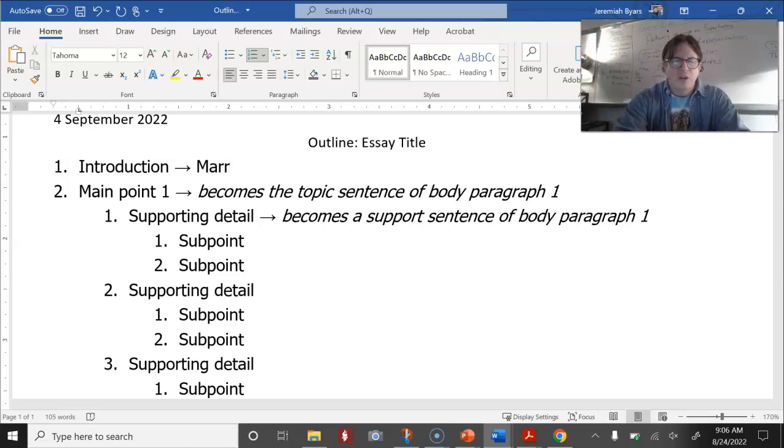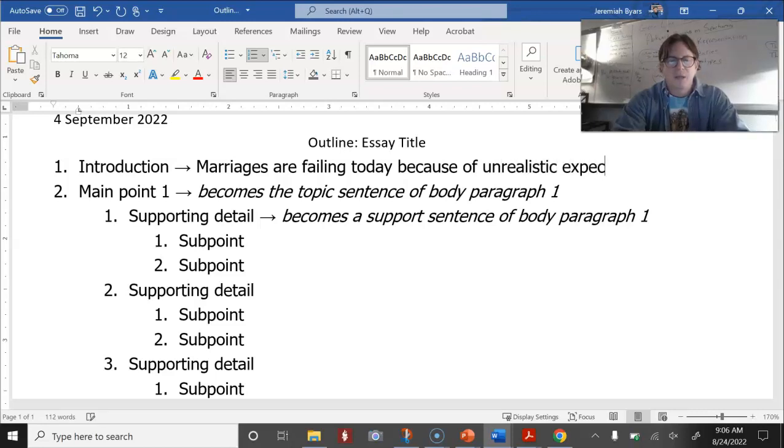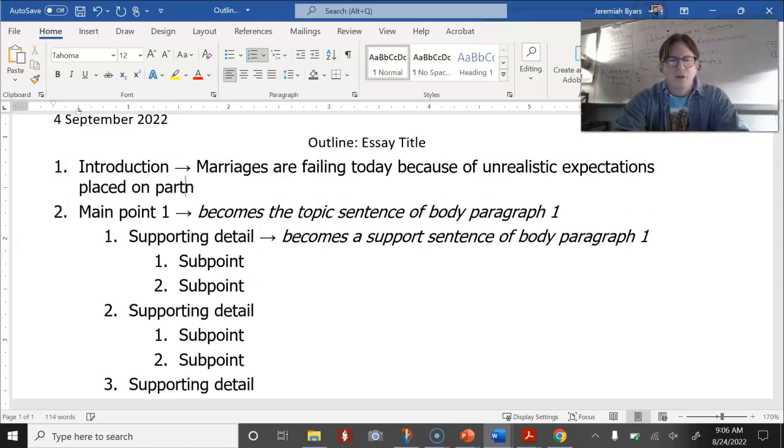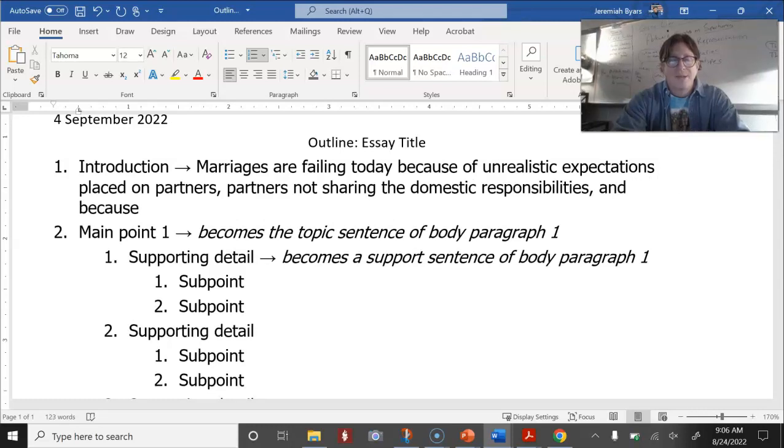And for your outline, you don't need to get all like creative writing-ish. Okay, just say blank. Marriages are failing today because of unrealistic expectations placed on partners, partners not sharing the domestic responsibilities, and because of, I don't know, I'm making this up, of the financial inequalities amongst partners.